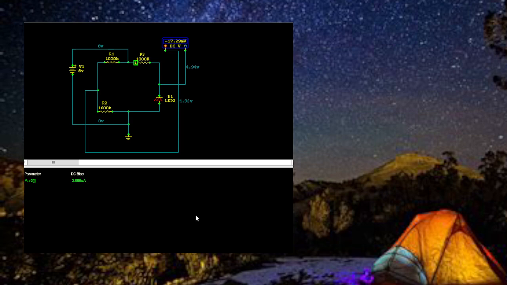Okay, we're reading the microamps up at the top of the Wheatstone bridge. And the voltage difference, it doesn't matter what the voltage drop is across the LED, it's always going to run this particular current depending on those resistor values. We're using 1 megaohm and we got 3 microamps.